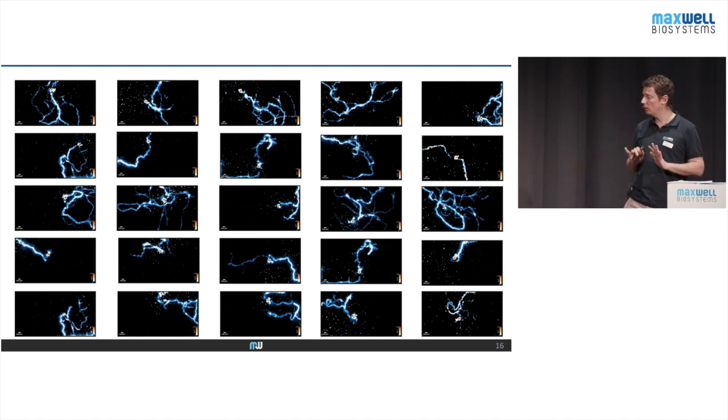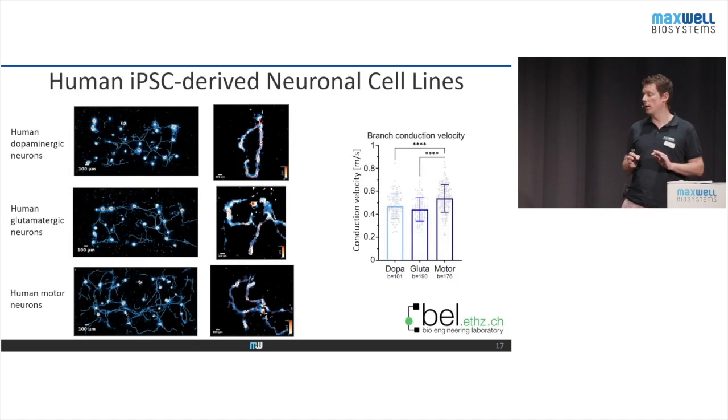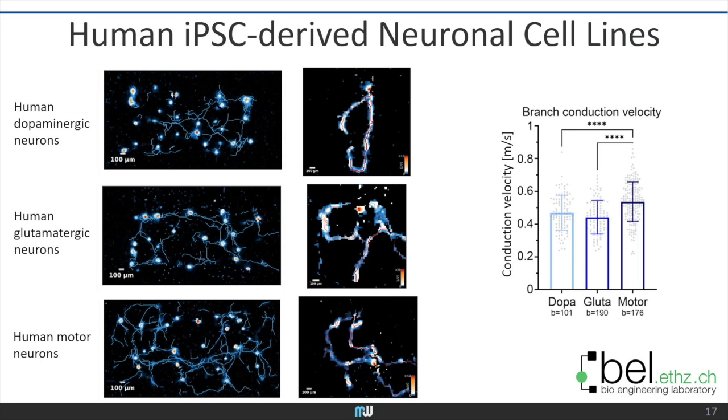Of course, it depends what type of method you use. So I would like to wrap up with one last comparison that I want to show you that was done in collaboration with the bioengineering laboratory of ETH Zurich. Here we use the axon tracking assay to record from human dopaminergic neurons, human glutamatergic neurons, and human motor neurons, all iPSC-derived human cell lines, of course.